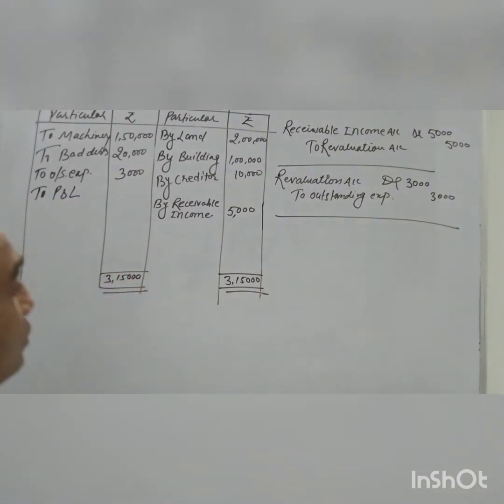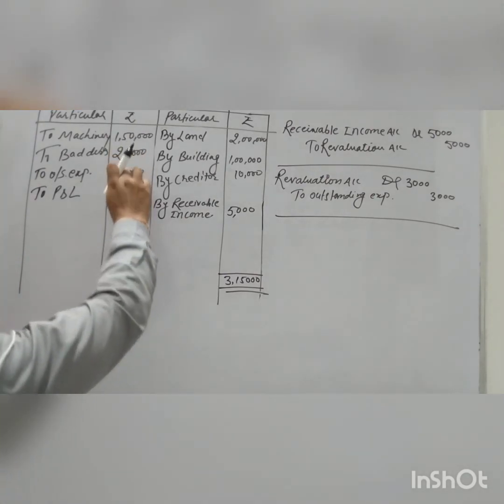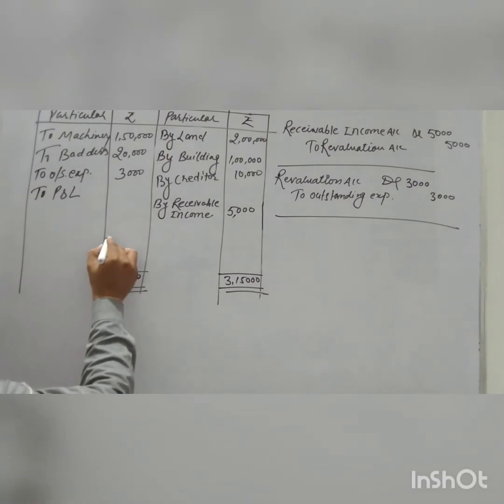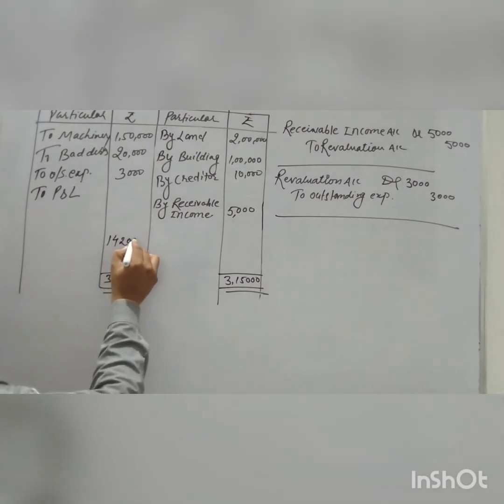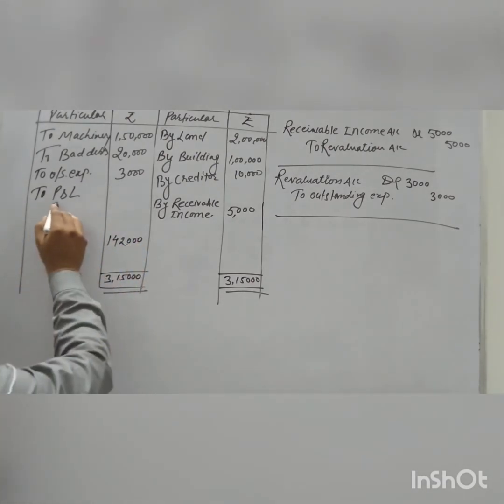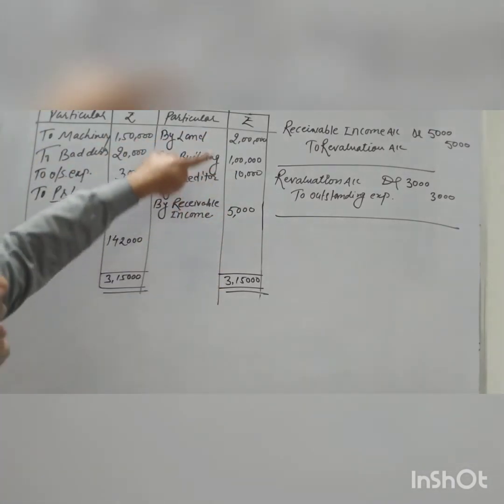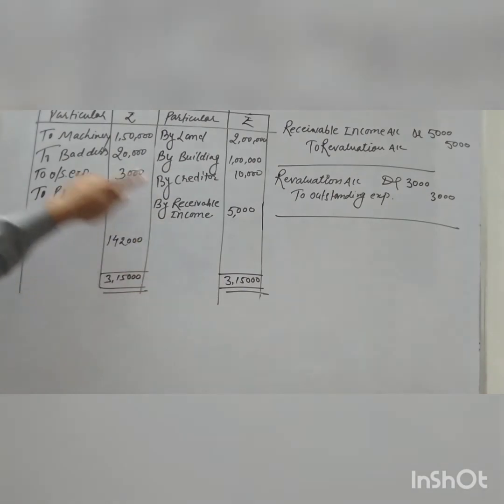So we'll calculate 3 lakh 15,000 minus 1 lakh 73,000. So here the difference will come 1 lakh 42,000. We will write it down over here. This is basically our profit, because our income, profit and gain is more than our loss or expenses, right?